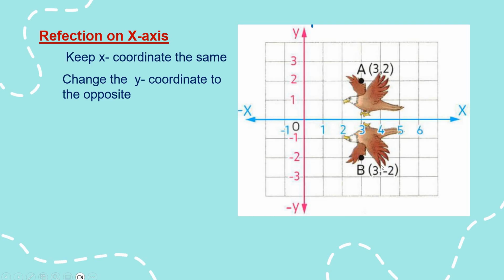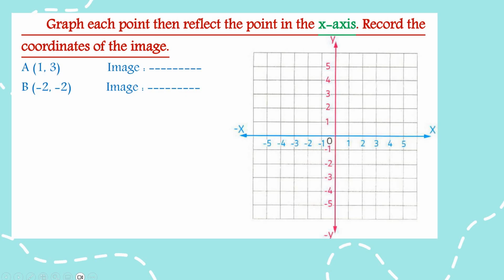If A equals (3, 2) and its reflection is (3, -2), which coordinate is the same and which coordinate is the opposite? Yes, the x coordinate is the same, and the y coordinate is the opposite. So if I want to make a reflection on the x-axis, I will keep the x coordinate the same and I will change the y coordinate. Super.